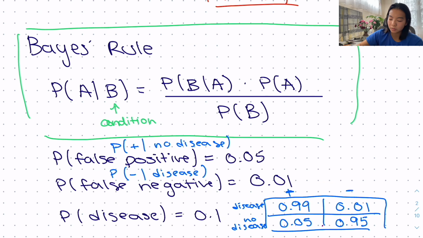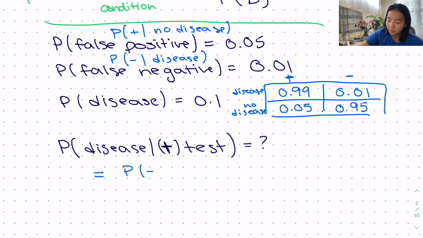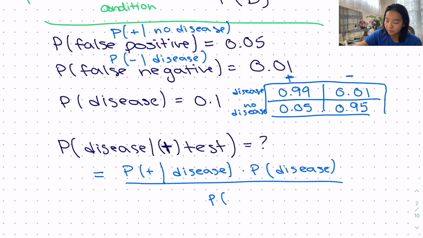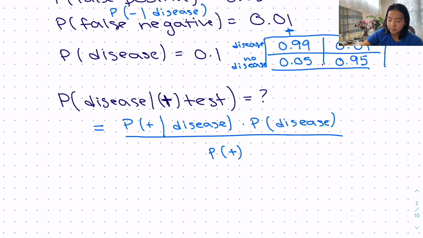So if I use this rule up here, this is the probability of a positive test given that I have the disease times the probability of the disease divided by the probability of the evidence, which is my positive test. All right, now let's plug in some numbers for that. The probability of having a positive test given that I have the disease is 0.99. And then the probability that I have the disease is this value over here, 0.1.